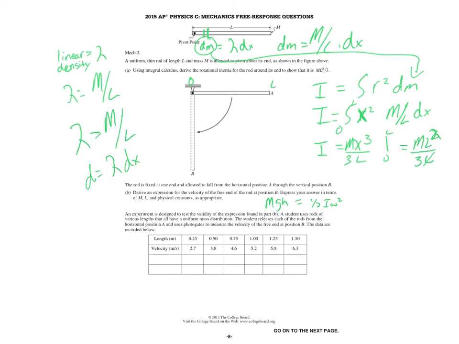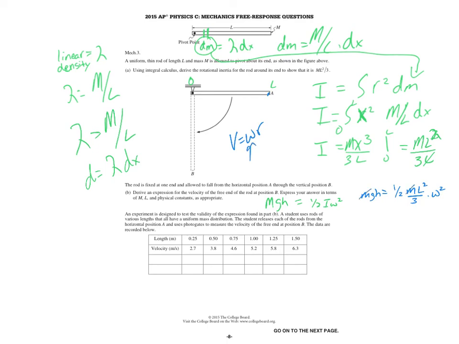So we end up with mgh equals 1/2 ml squared over 3 times omega squared. The reason I'm looking for omega is that to find v, I need v equals omega r, and in order to do that I have to find omega.